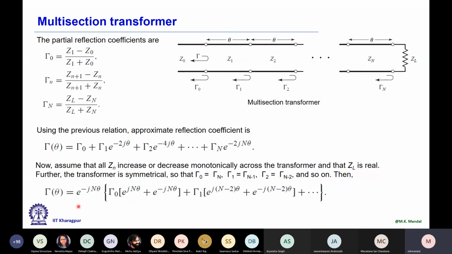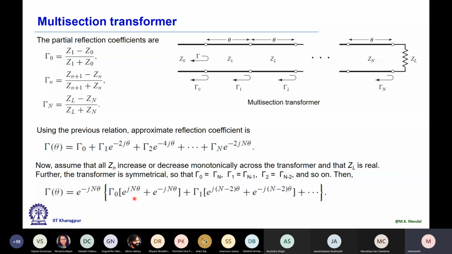Well, then we can write down the overall gamma. From this, we take e to the power minus j capital N theta common, then we can write gamma naught and gamma n, these two terms, together. So we have a pair gamma naught, gamma n, and we took e to the power minus j n theta common.